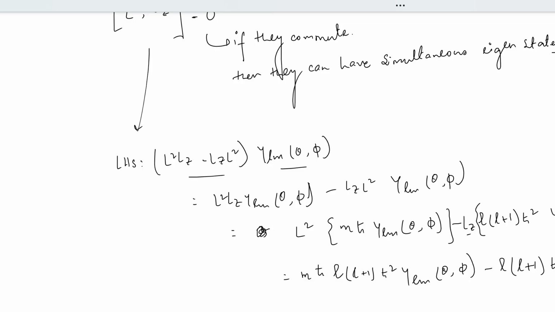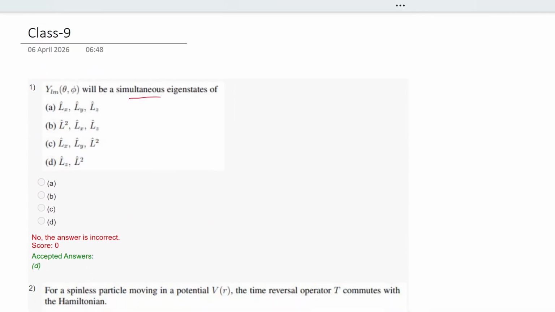So this is actually 0. Hence you can say that simultaneous eigenstates will be obtained for the two operators L square and Lz. So we can choose our answer. Lz and L square is only present in option number D, so option number D is the correct option.